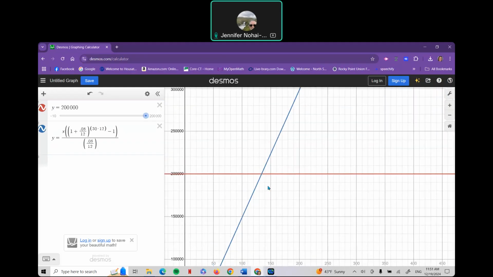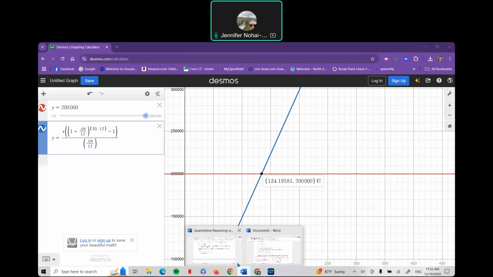So I'm going to pull that intersection right to the center of my screen and click on it. And it says X equaling 134.19581 and 200,000. So what this essentially means is that the deposit needs to be $134.20, rounding properly for money, each month in order to have $200,000 by the end of 30 years.